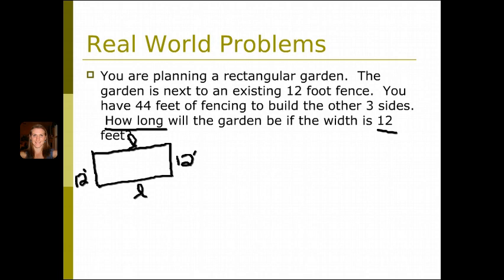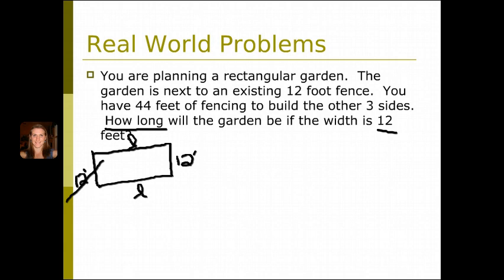Add all the sides. Well, we cannot count the existing 12 feet of fencing because that's already there. That's not something that we're actually going to have to account for in our problem.